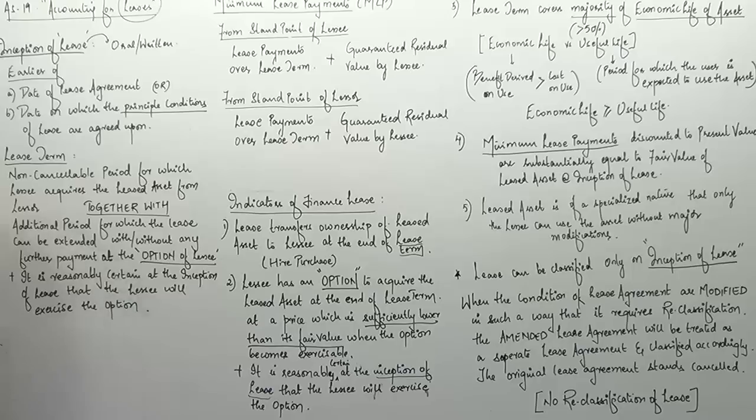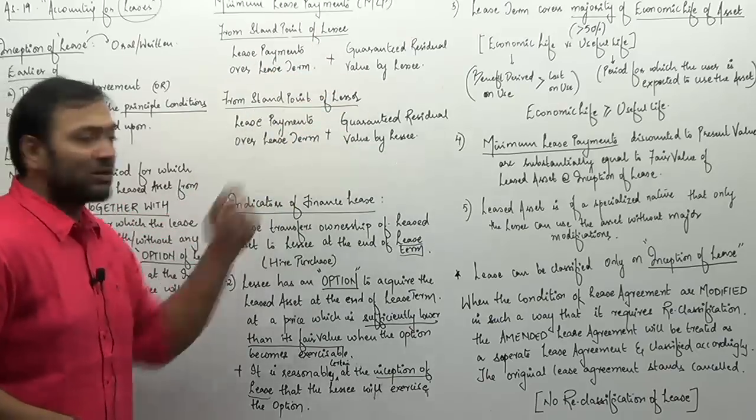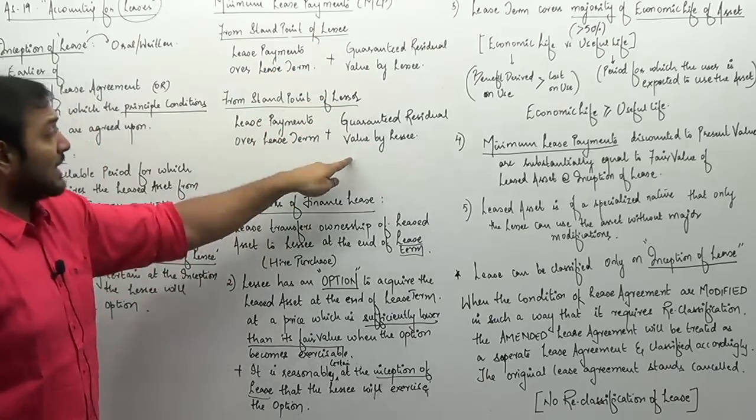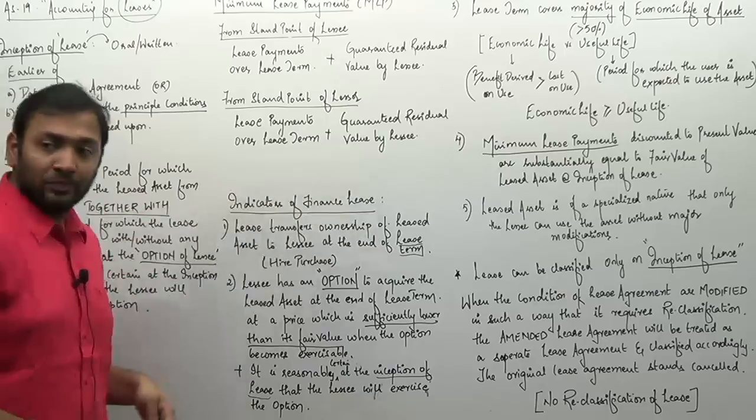Then what is the difference? It doesn't make sense in writing both separately because basically both are the same. I said there's an additional point which will come to the lessor.